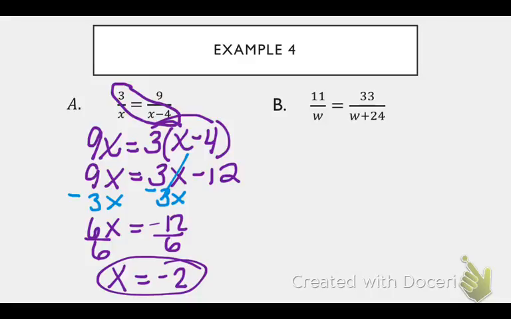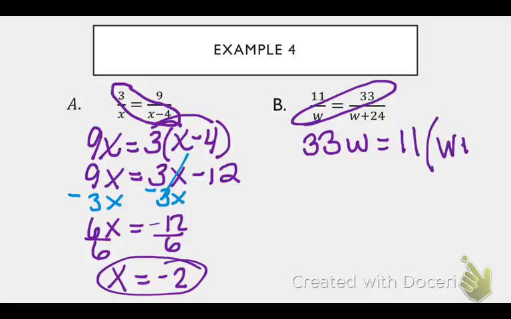You could verify that this works by plugging negative 2 back into the original proportion and seeing that you get the same value on either side. Okay, again, in letter B, find your cross product equation. 11 times the quantity of w plus 24.